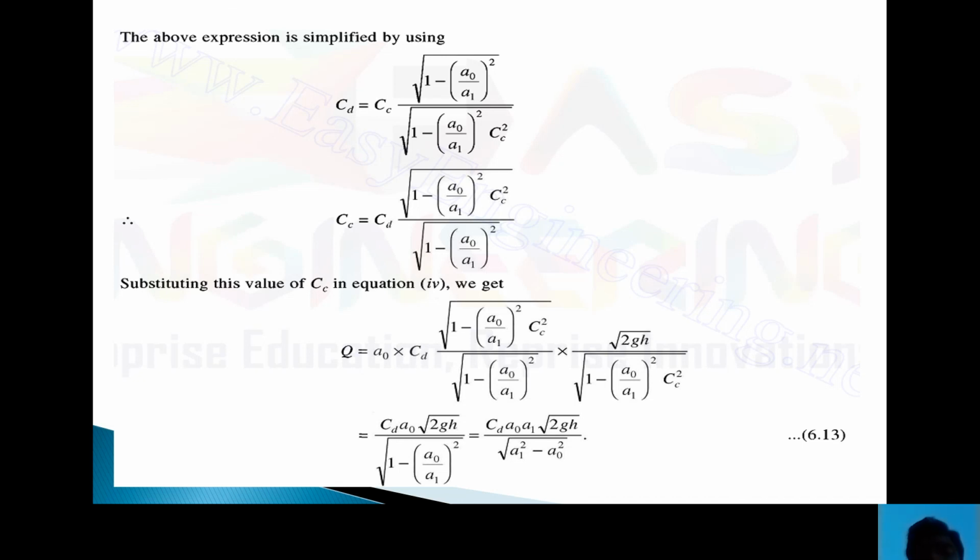Therefore, the equation is written as Q equal to Cd A0 A1 root of 2gH by root of A1 square minus A0 square. This is the discharge value of the orifice meter.